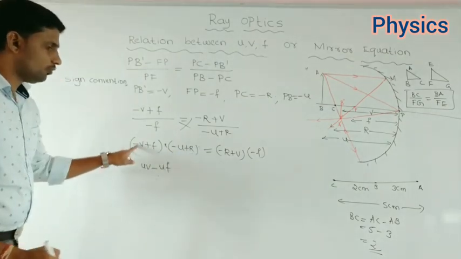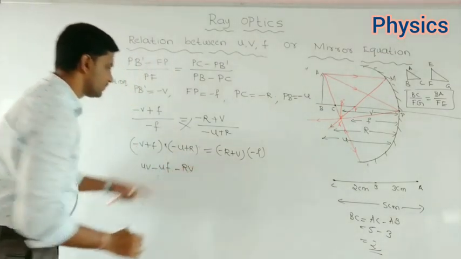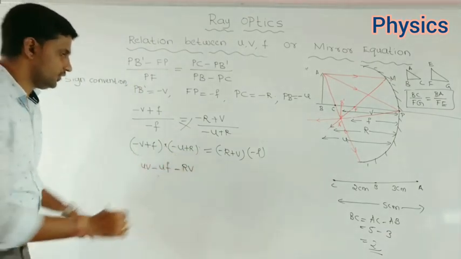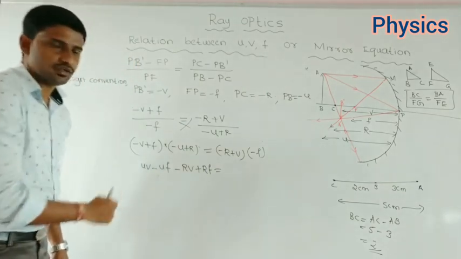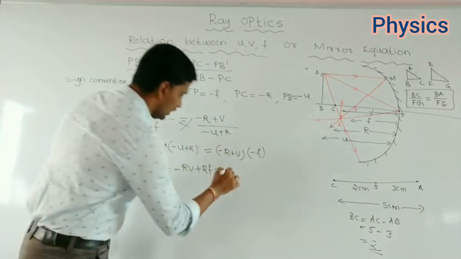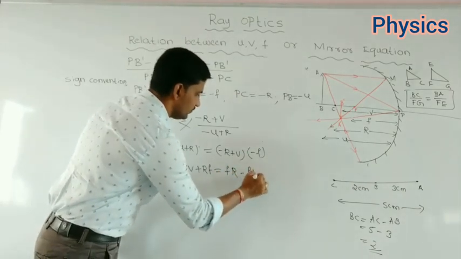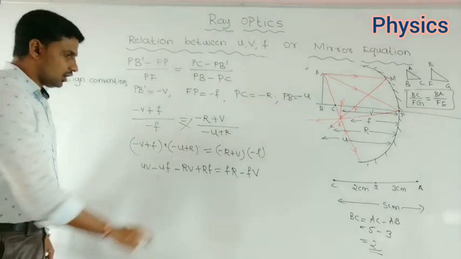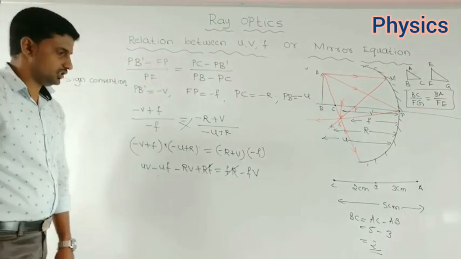R into minus v, minus Rv, R into f plus Rf. This is the left hand side of the equation. In the right hand side, minus f into minus R, I will get fR, minus f into v, minus fv. So here Rf and fR terms will cancel each other.